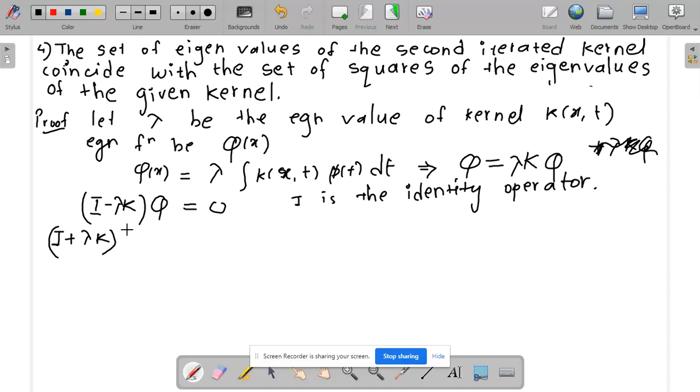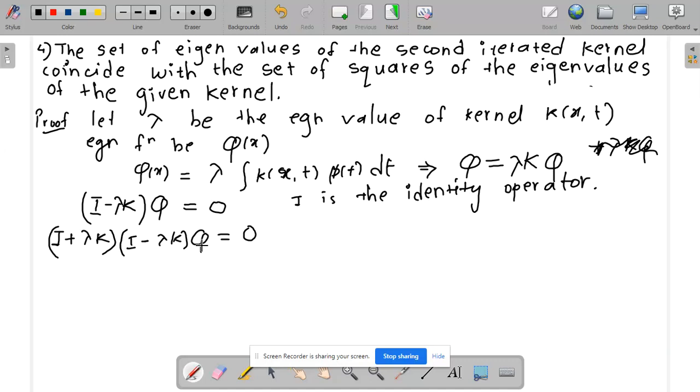This equation will become (I plus lambda K)(I minus lambda K) of phi equal to 0, because here also I am pre-multiplying by the operator I plus lambda K. But it is operating on 0, so again we will get 0. Now how do I expand this? We will have to check what this becomes. This becomes nothing but I of this thing means what?